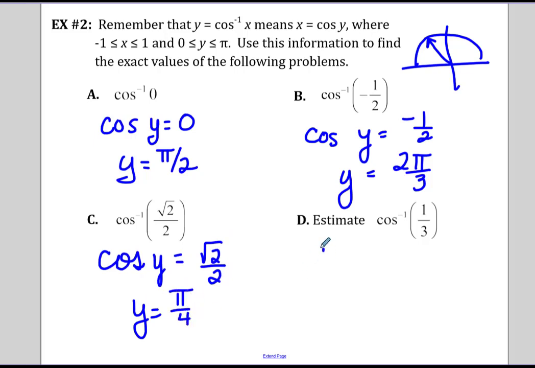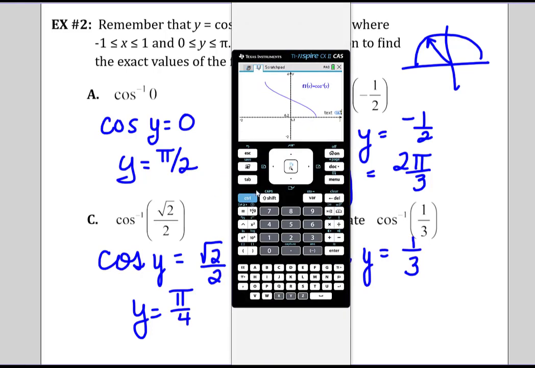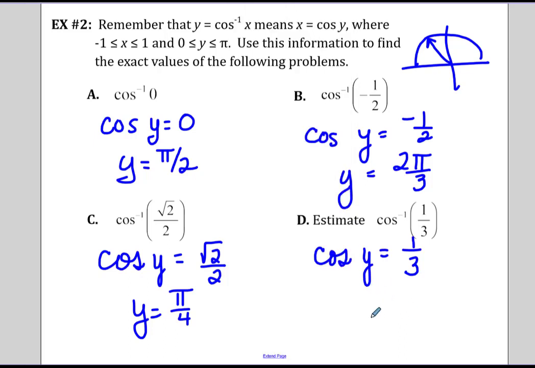And then this last one here, find the angle where cosine is 1/3. And this would be an estimate on our calculator. So the angle where cosine is 1/3 is going to be 1.23095 radians.